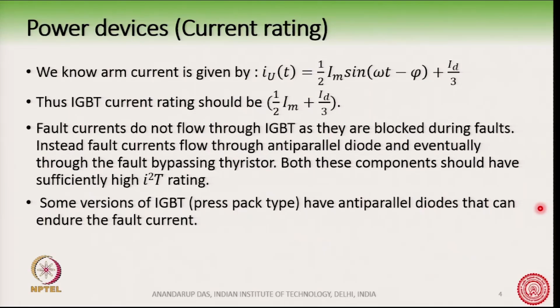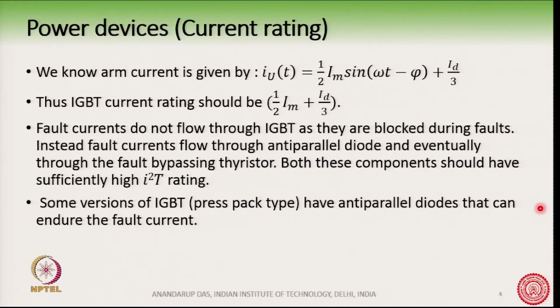So remember that these diodes and thyristors must have a very high I square T rating, because the whole fault current will pass through those diodes and thyristors. Generally, diodes of rectifier class type and thyristors have very high I square T rating.